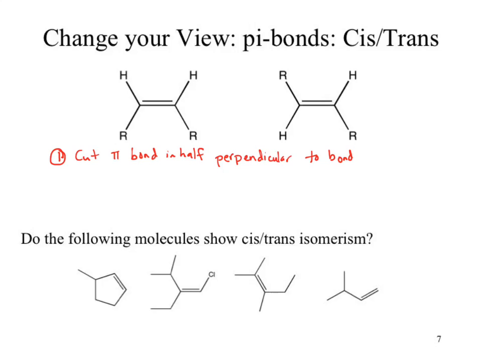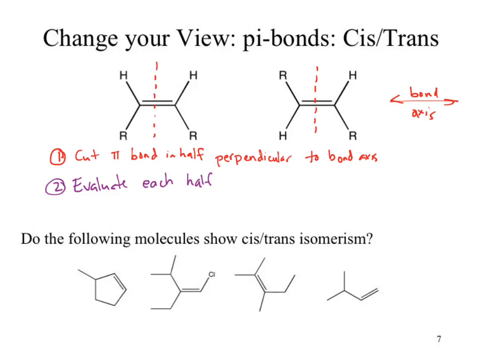Where's the bond axis? This is our bond axis. So if we cut it in half, we're looking dot, dot, dot, dot, dot, dot. So now what we've got to do is look at each half. Are there different atoms attached?